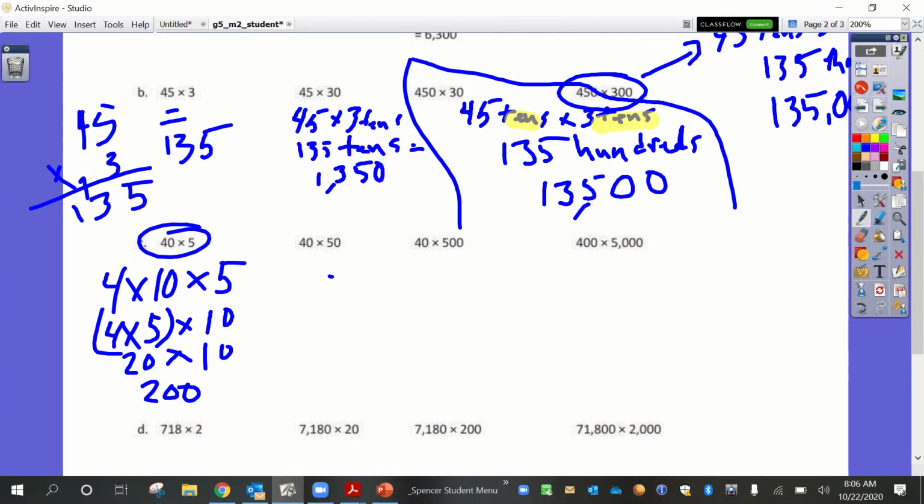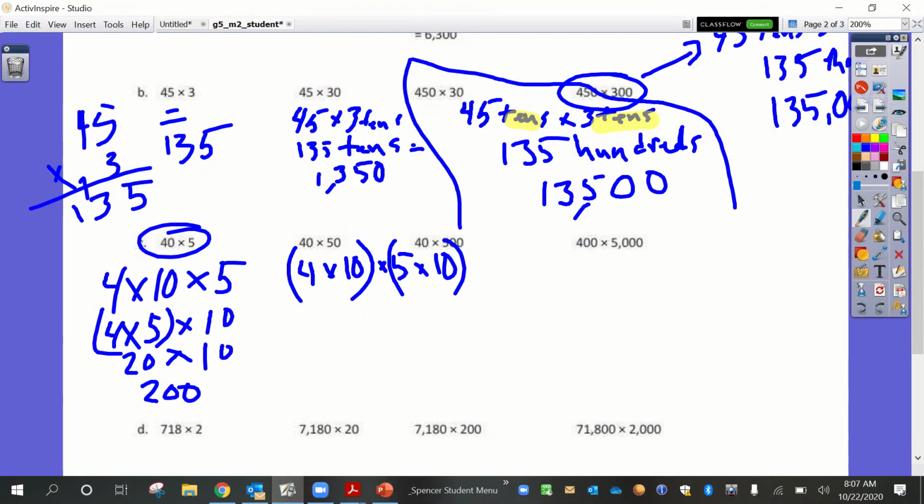Awesome. So, let's do the same thing. 40 is really 4 times 10 times 5 times 10, right? Because it's 40 times 50. Again, we can regroup.